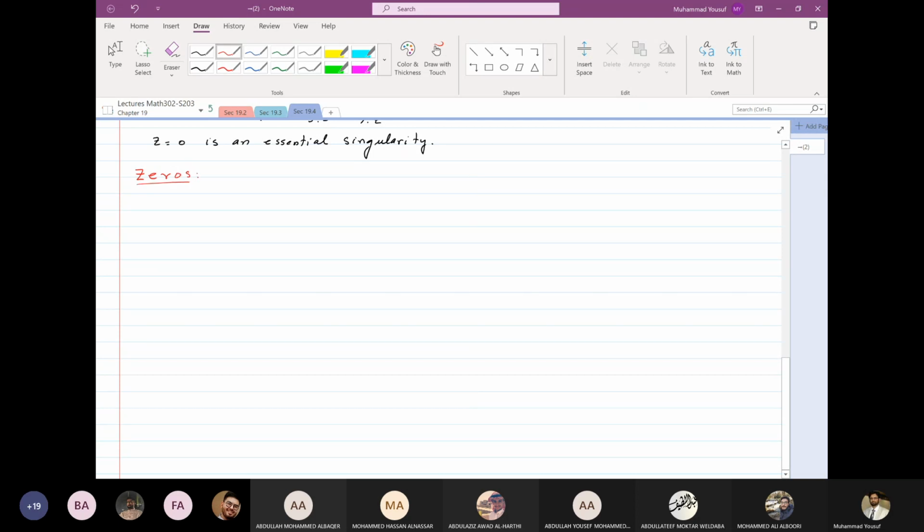First singularity, then zeros. z equal to z naught is a zero of a function f if f of z naught equal to 0.